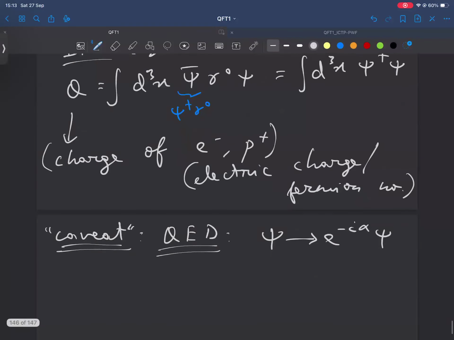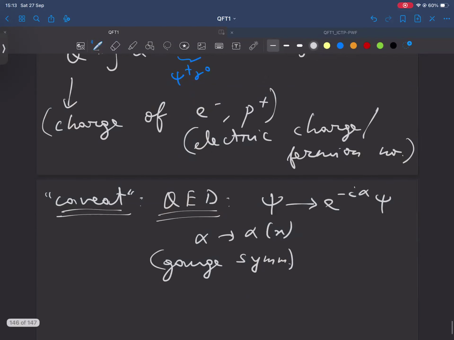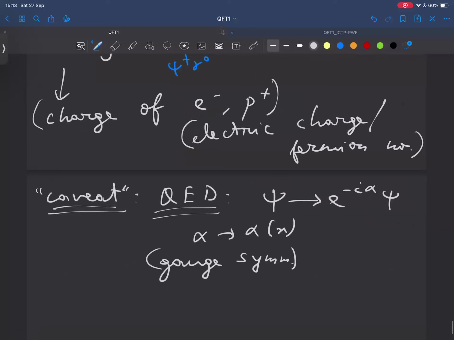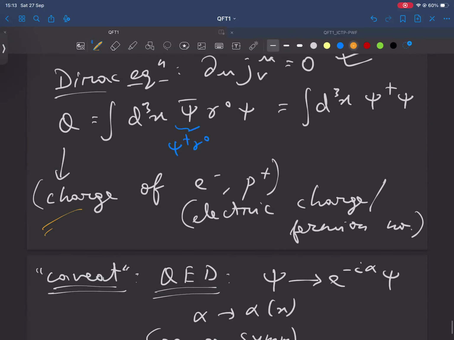But in QED, you will promote this alpha to depend on space-time, and you will encounter what is called a gauge symmetry. Okay. And then you will study many things about it. I won't talk in detail about this, but a gauge symmetry is actually not a symmetry, as you will see, because it's just a redundancy in your system. So then there it will become a bit confusing as to what's the meaning of a gauge charge then.